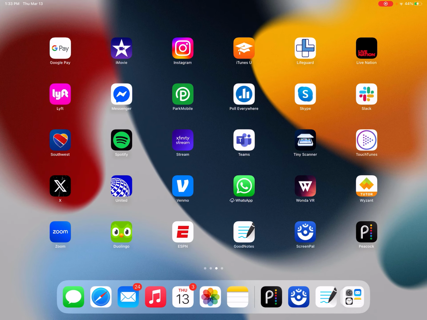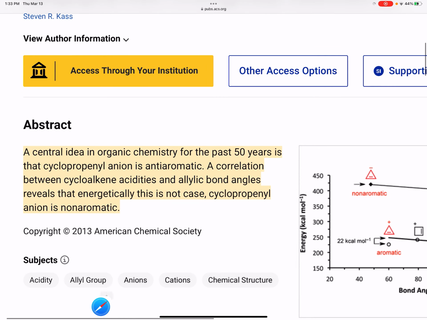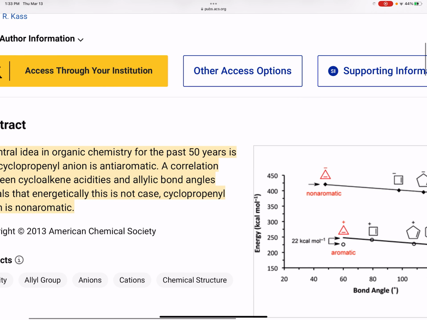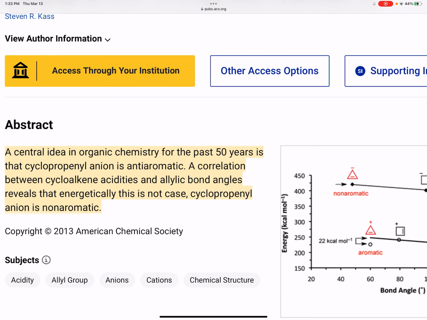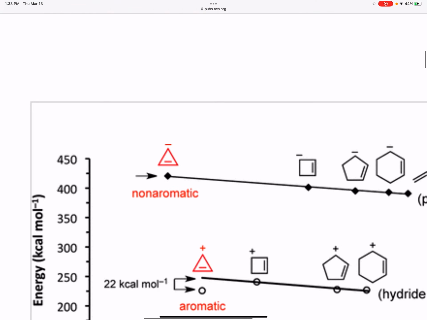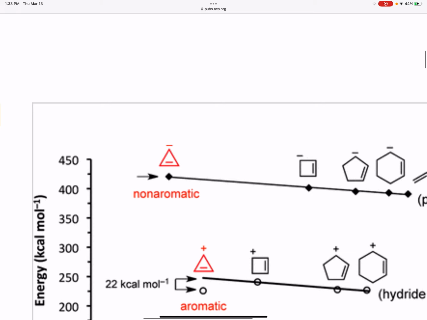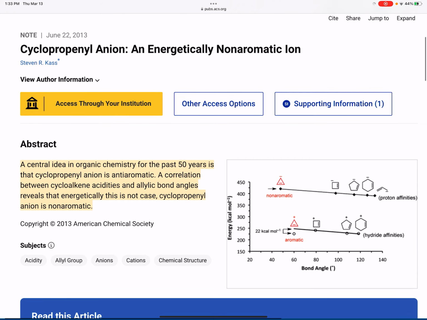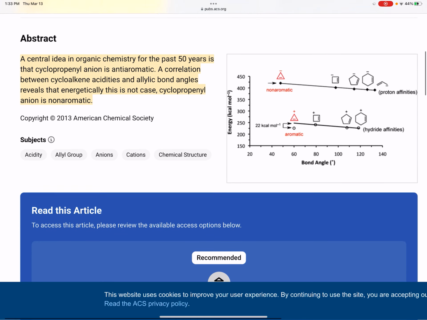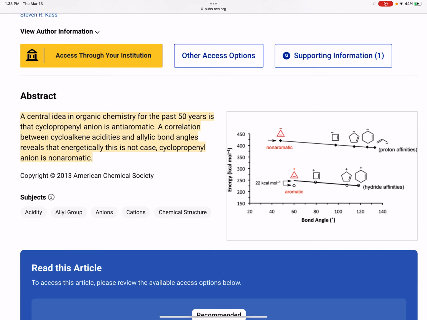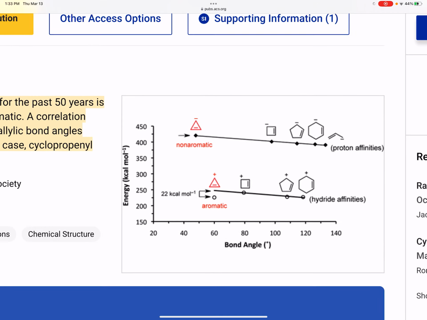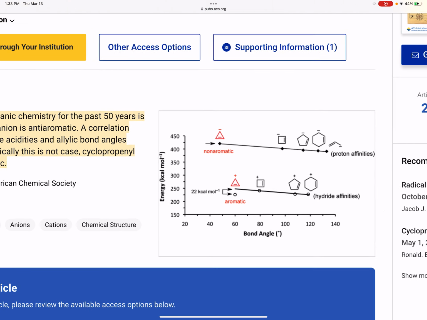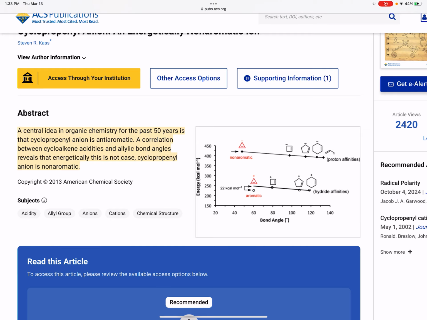Because we want to keep that carbon sp3 hybridized. This is a beautiful paper, and it refuted a widely held belief that this molecule right here, the three-membered ring with the anion, was anti-aromatic. But through computational studies, this professor showed that it's really non-aromatic, and it falls with other non-aromatic molecules, where that carbon is what? That carbon is sp3 hybridized.